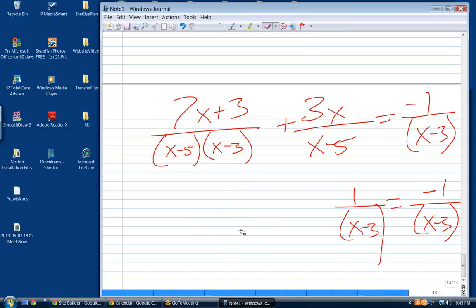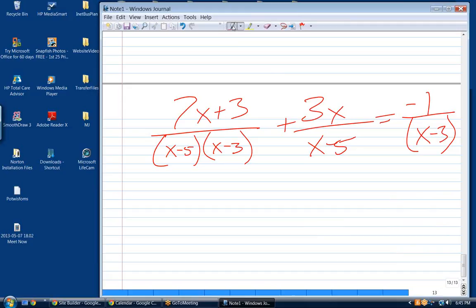So now we haven't really changed anything. We haven't done anything to this equation yet. But now we have it in a form where I can eliminate all denominators in one step. Tell me what I have to multiply both sides of this equation by in order to do that.